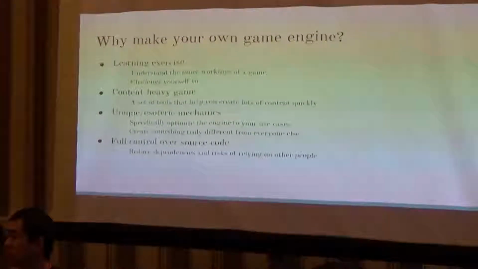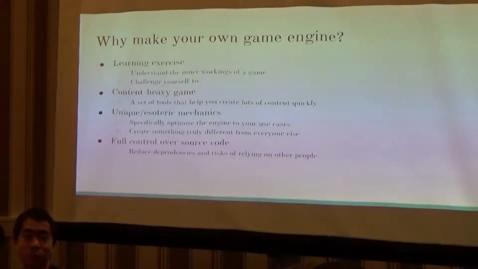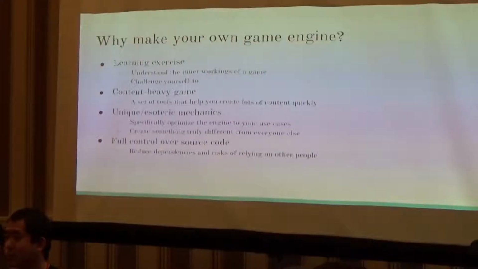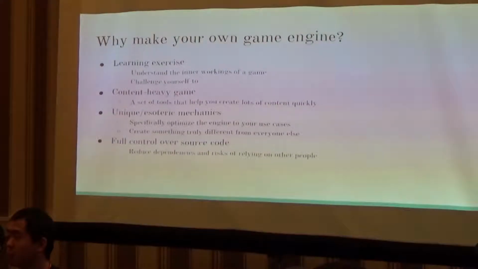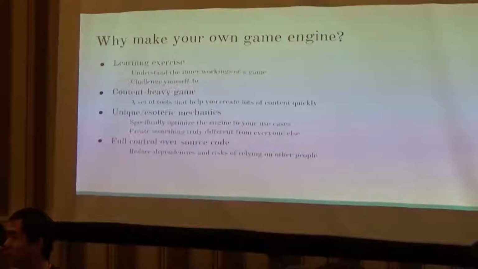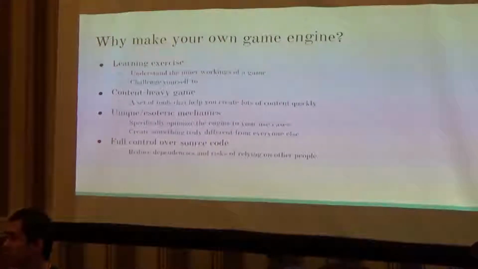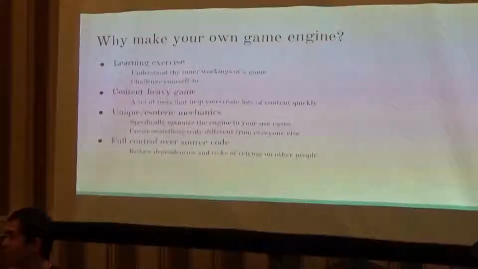So if there's a bug in the engine, which there very often is, you can't do anything about it, and it's really, really annoying. Basically, if you can't solve that bug, sometimes your game is dead in the water, or you have to figure something out, or change the mechanics. So you're limited to this box. Whereas if you have your own engine, you have total control. So that's a cool thing to consider.